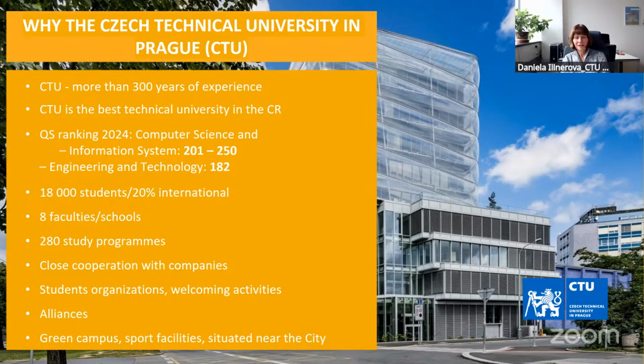We have at the Czech Technical University approximately 18,000 students. Of this number, 20% are international. In the whole Czech Republic, there are approximately 55,000 international students, which is approximately 18% of all students, Czech and international, within the Czech Republic. So you won't be lost here.